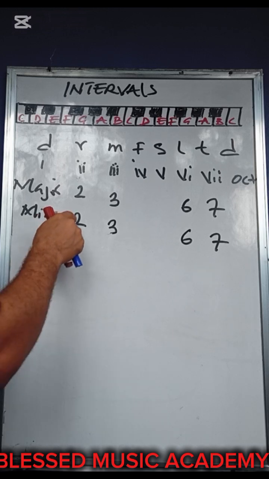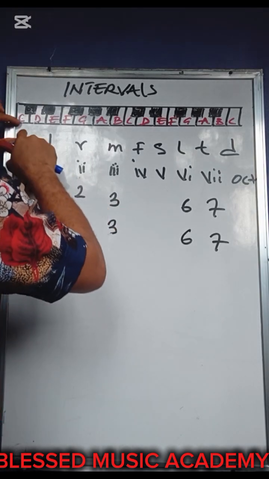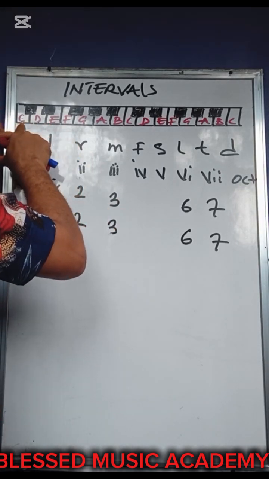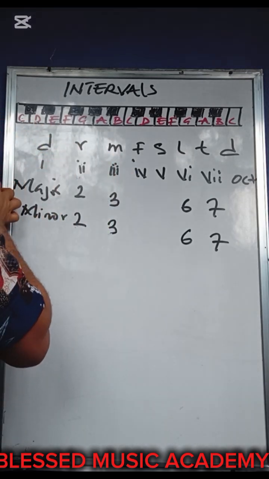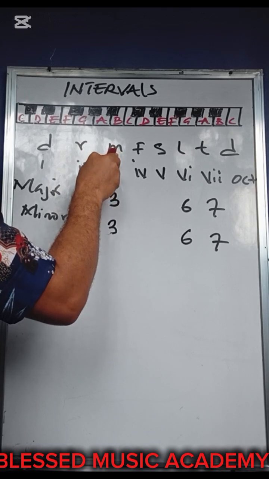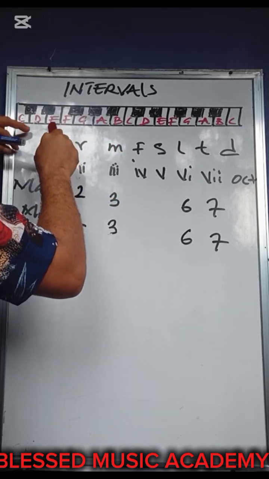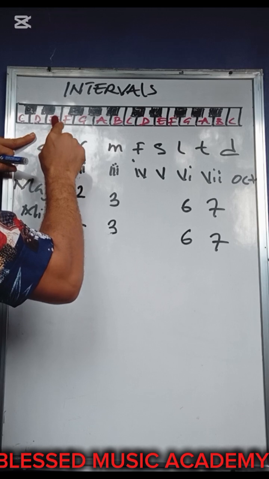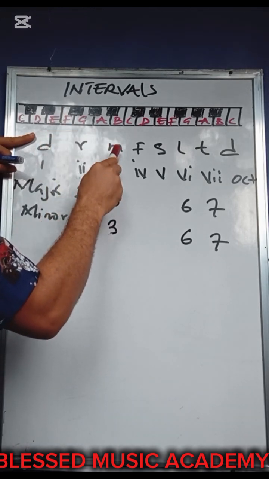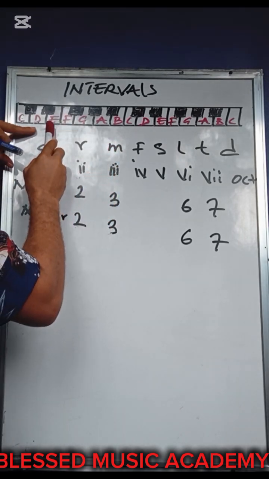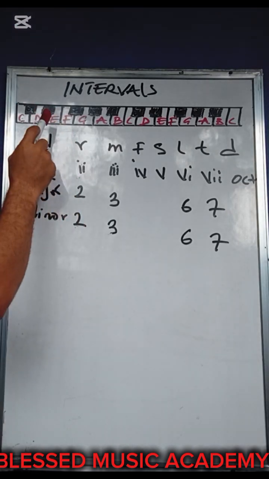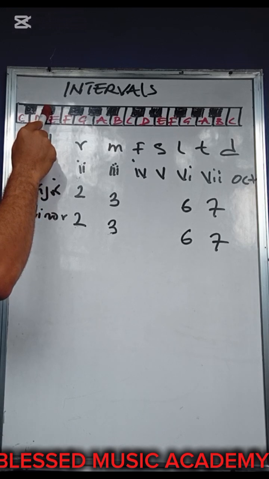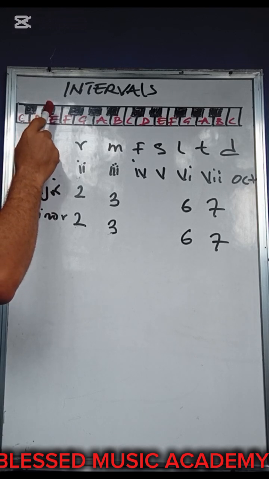All right, a major third is from C to E. 1 2 3. Do re mi is a major third, from C to E. When you lower your third, it becomes a minor third. When you lower your E, it becomes D sharp or E flat.